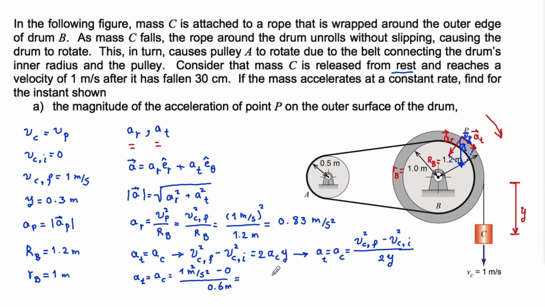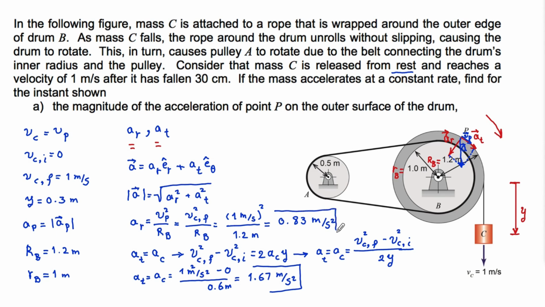The final result is 1.67 meters per second squared for AT.